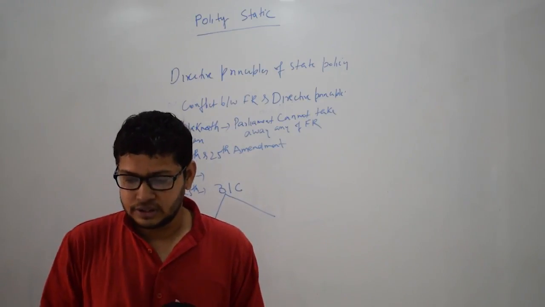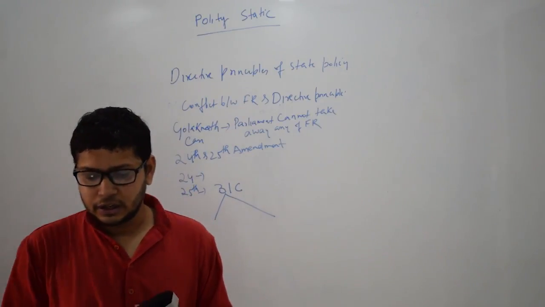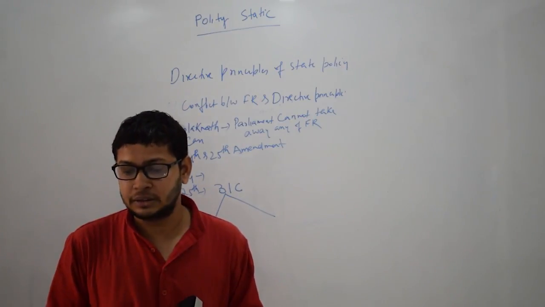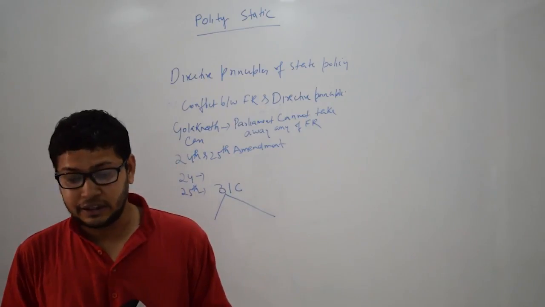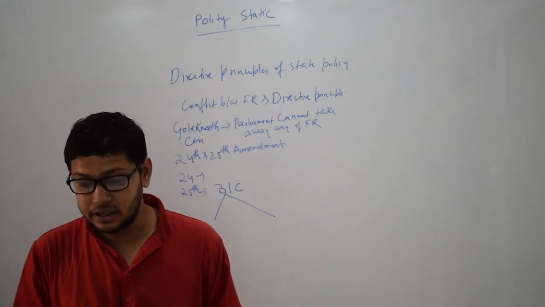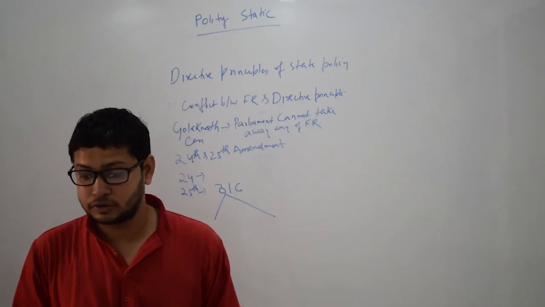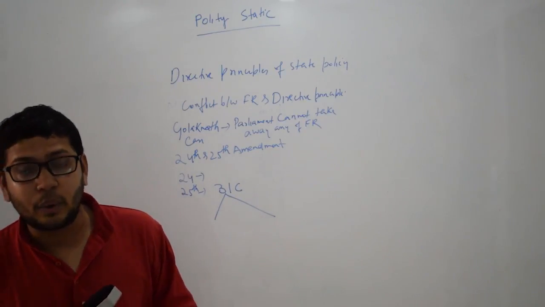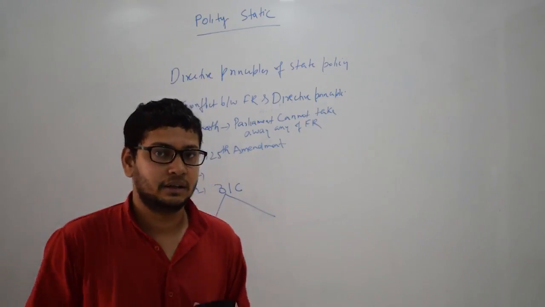First was that no law seeking to implement the socialist directive principles specified in Article 39B and C, which is equitable distribution of the material resources, shall be void on the ground that it violates the fundamental right.